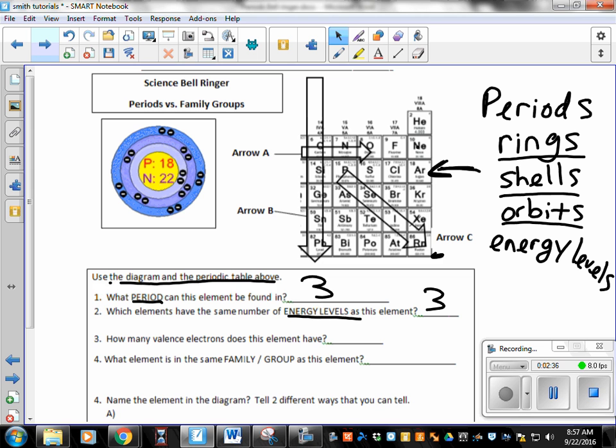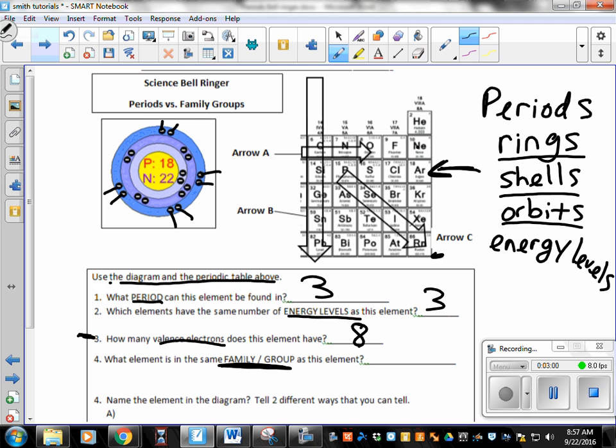Okay, how many valence electrons does this element have? Number 3. So remember, valence electrons are the ones in the outside ring. So that's 1, 2, 3, 4, 5, 6, 7, 8 valence electrons. What element is in the same family group as this element?